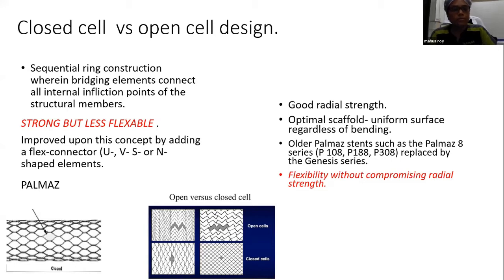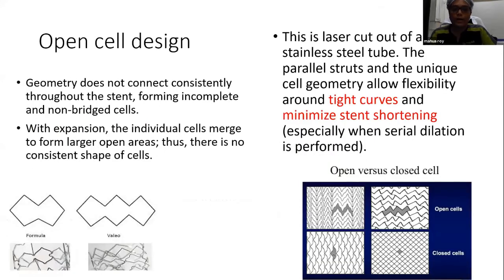To improve the flexibility, some stents have been improved by design modification, which gives high flexibility without compromising radial strength. What does it mean by open cell design? The geometry does not connect consistently throughout the stent, forming incomplete or non-bridgeable cells. This is somehow advantageous. It minimizes foreshortening.